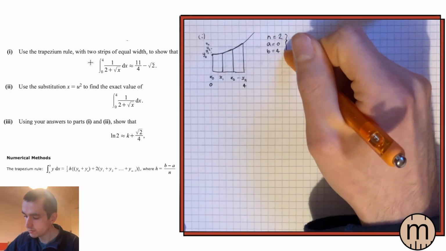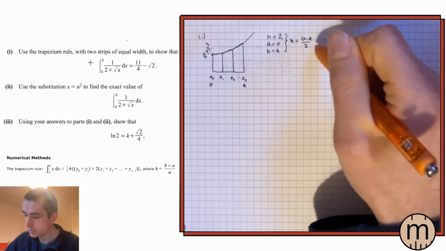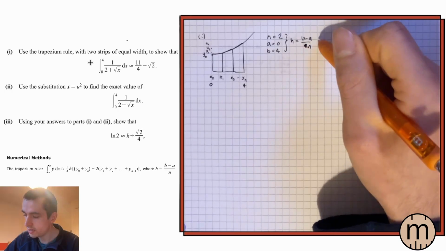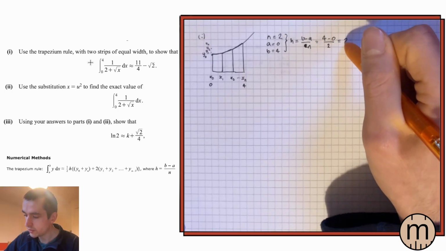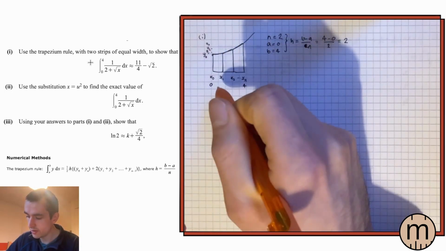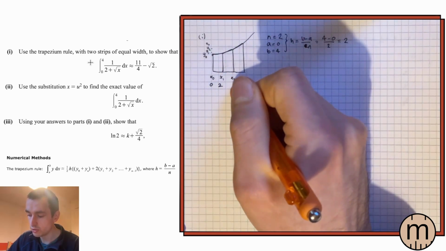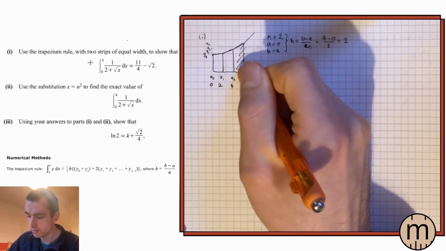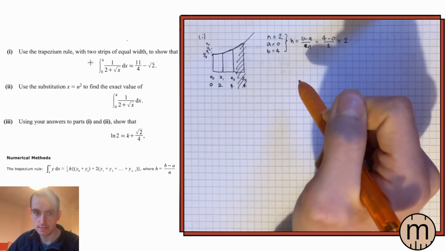This tells us, using the formula for h, that this is (b minus a) over n, which is 4/2, which is 2. This also tells us the value of x1 being 2. In our case, there's only two strips, so we can basically ignore this last one. x2 is the same as xn.